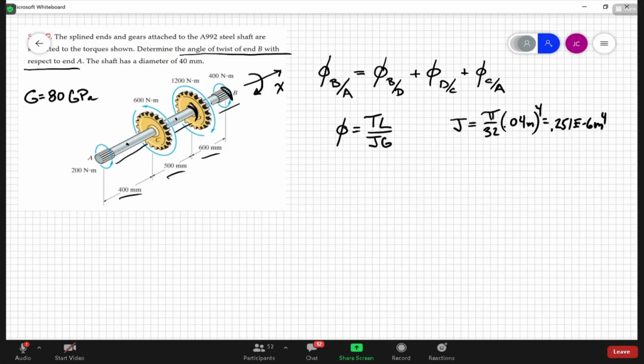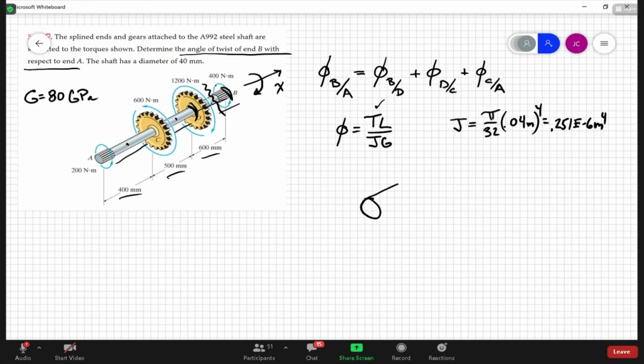And again, don't make the mistake of just saying the internal torque in section DB is 400 Newton meters because that's what's applied at B. No, this is the internal torque in that section. So the only way to see that is to draw the free body diagram. So if we were to expose the internal torque in section DB by putting a cut there, we would see the following, okay?